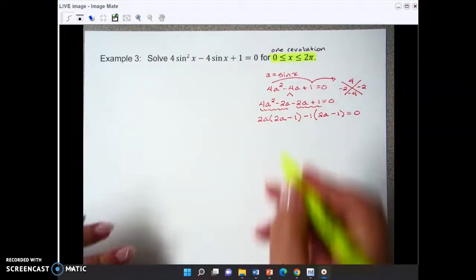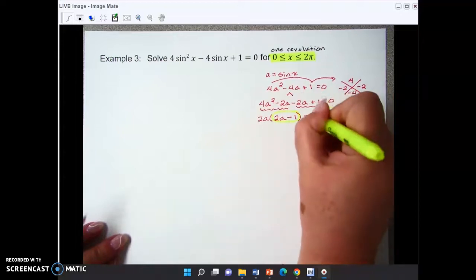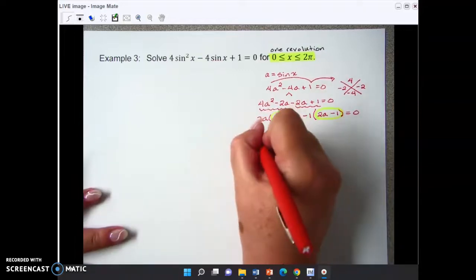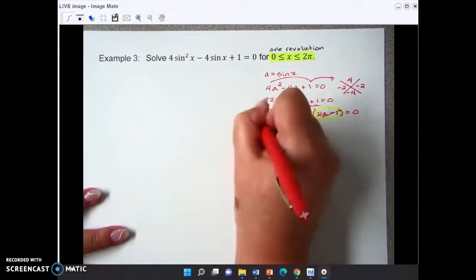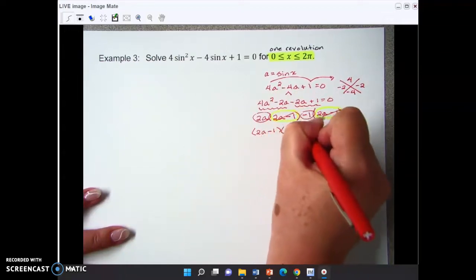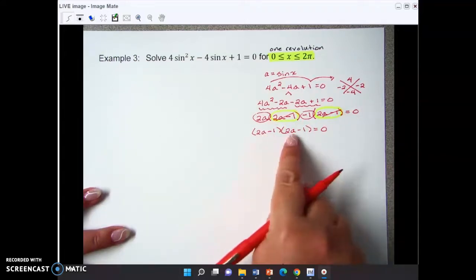So again, we know that we're doing it right if the parentheses are the same. So I have the 2a minus 1s are the same. So if I factor it out, we're going to cancel it here and here, and we are left with 2a minus 1 equal to 0. So hopefully you notice they're exactly the same.